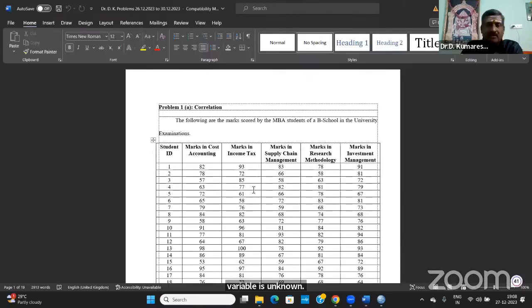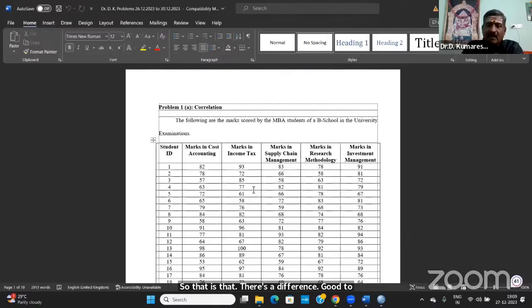If the value of one variable is known and another variable is unknown, the unknown value may be predicted or forecasted with the help of regression analysis. So that is the major difference between correlation and regression.